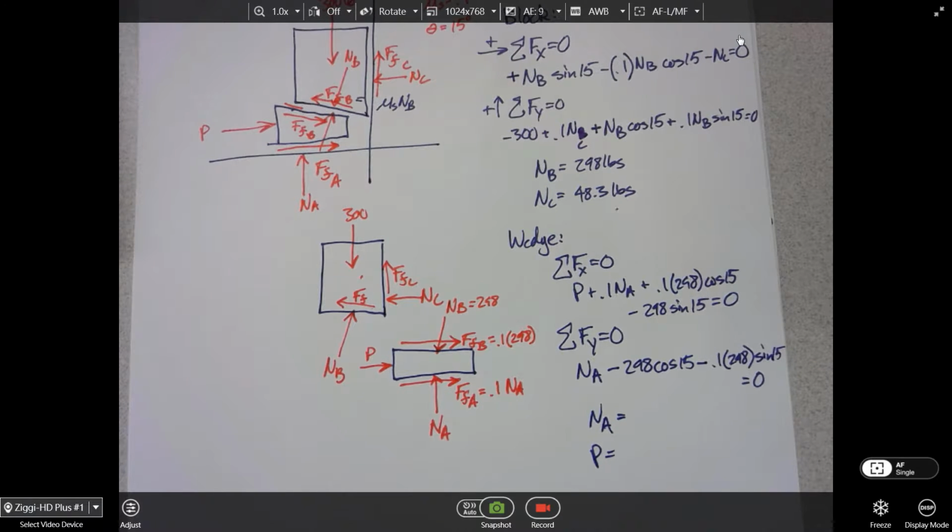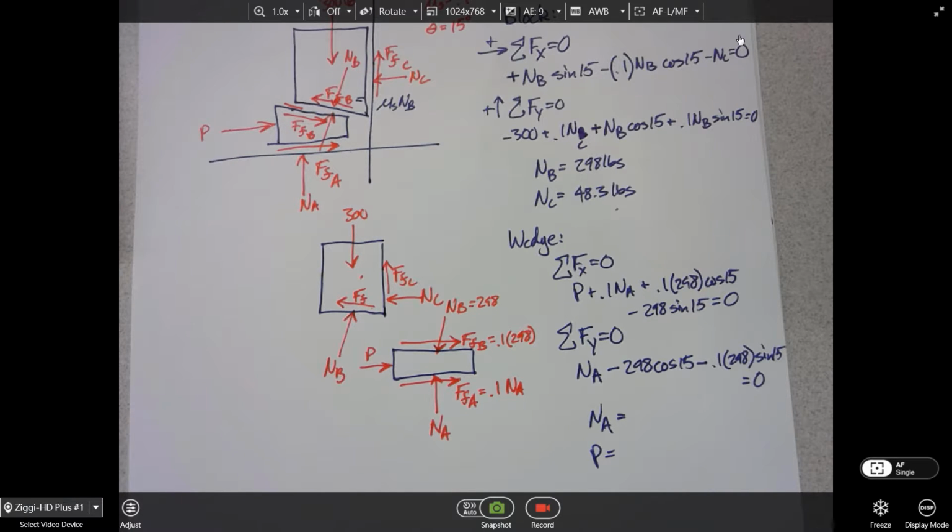So what's it going to mean if we get a positive value for P? And what will it mean if we get a negative value for P? Would it be sliding if we got a negative value for P? No. If we get a positive value for P, it means that we have to be holding this in at the point it starts to slide.